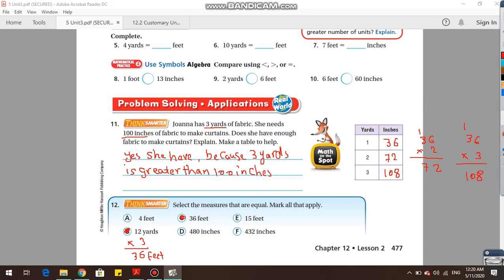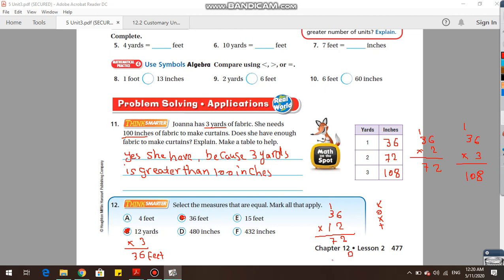Now let's change 36 feet into inches to see if I have an equal amount here. Okay, how am I gonna change 36 feet into inches? From feet to inches, I'm gonna multiply by 12. Now, who can tell me the steps for multiplying by 2 digits? 2 times 6, 12, 2 and carry up 1. 2 times 3, 6 plus 1, 7.